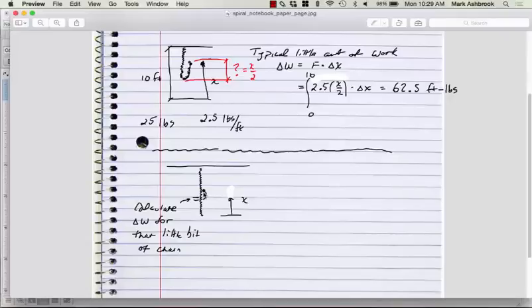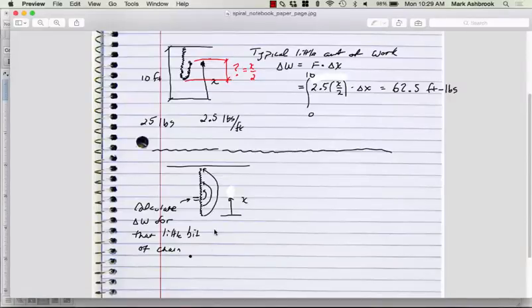So this one's going to end up here. This one's going to end up here. The bottom one's going to end up where? The top. So we're going to look at a little bit of chain in the bottom half, and then calculate the work for that little bit of chain to go to its final place.